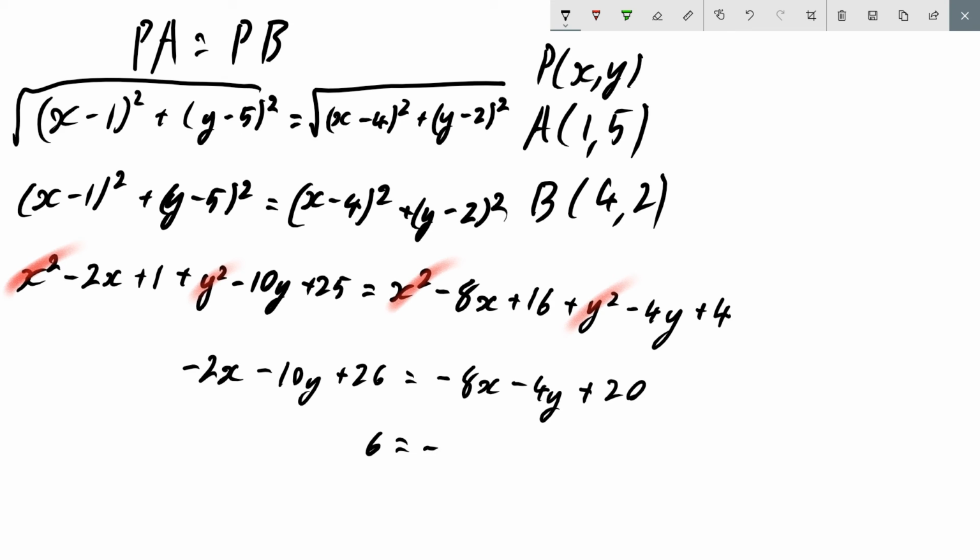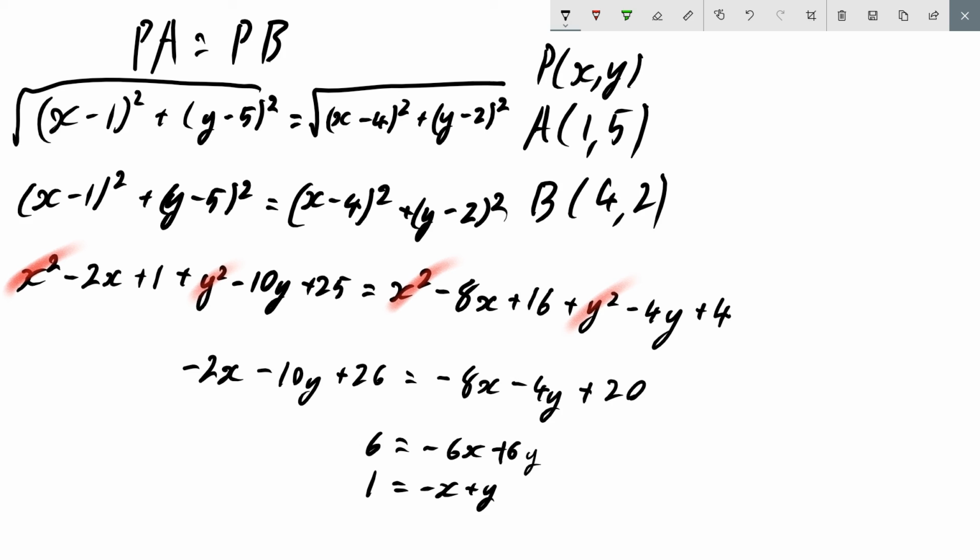So we plus 2, there's minus 6x, and then we'll plus minus 10y, and we get plus 6y. You can factor out the 6, so we get 6 equals minus 6x plus 6y. We can divide by 6 on both sides, and that will give us the same equation. So we'll get 1 equals minus x plus y.